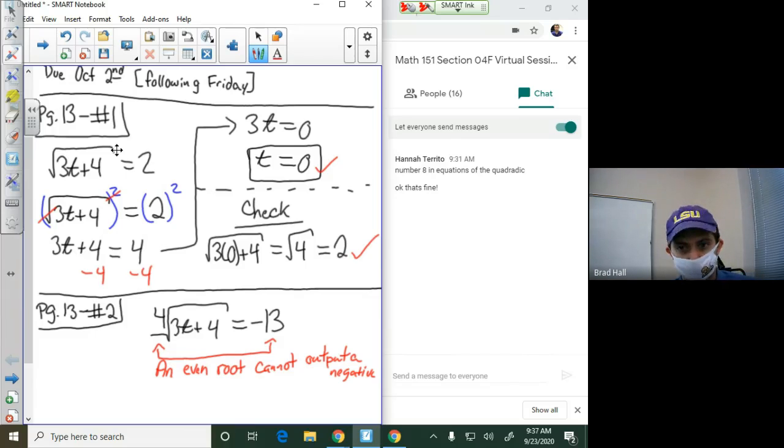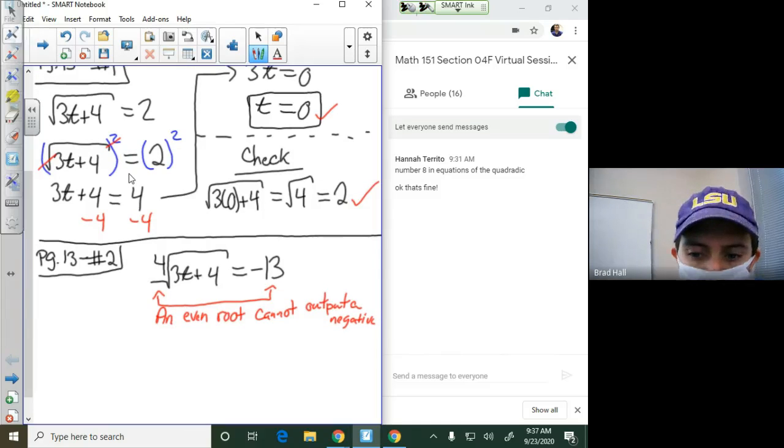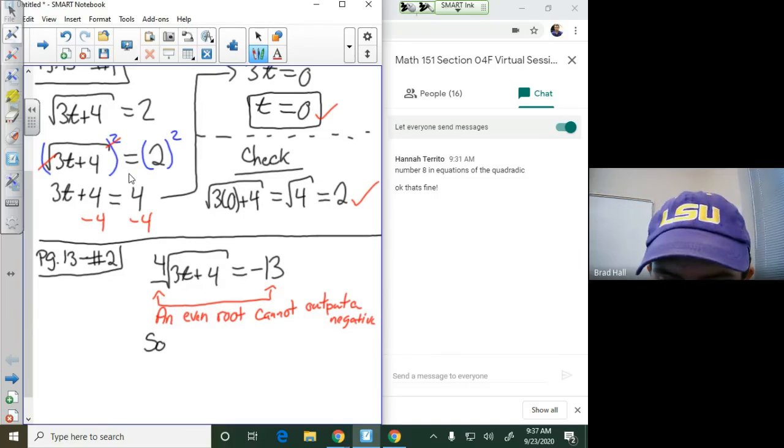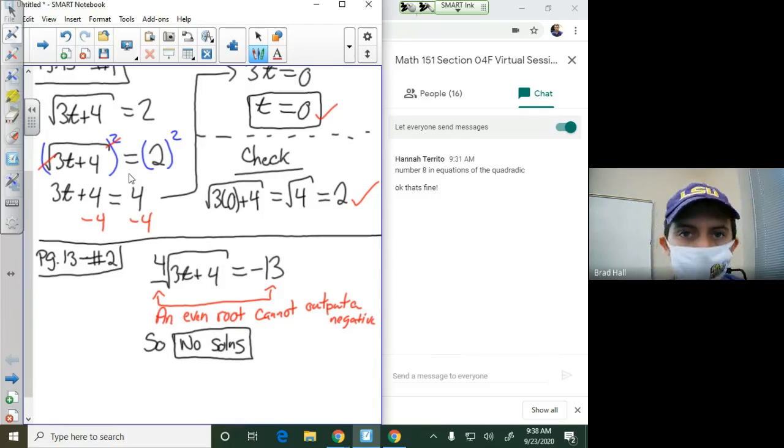So I've mentioned this in class a few times. Even roots cannot have a negative number as an output. And by noticing this, you could say that there are no solutions. So, no solutions. That's it. That's all you do in the problem.